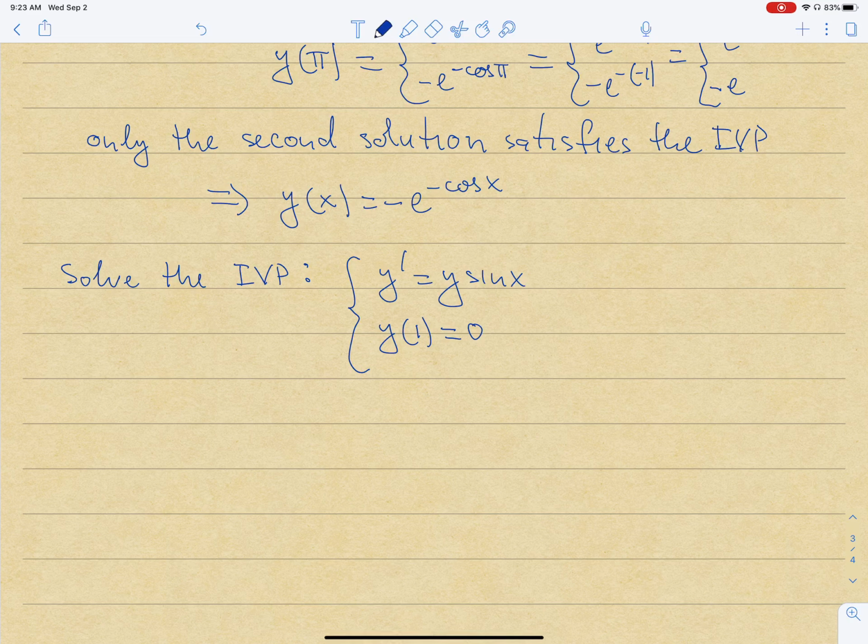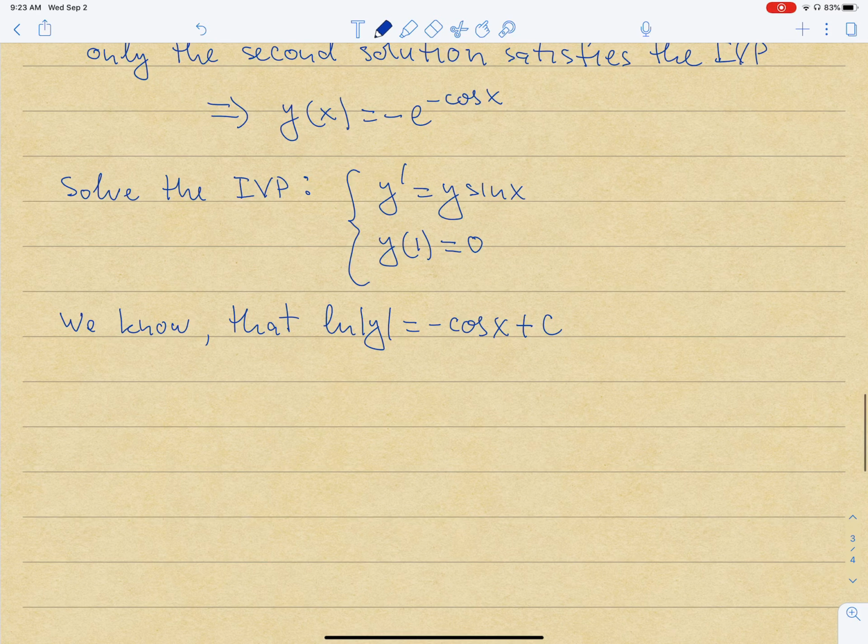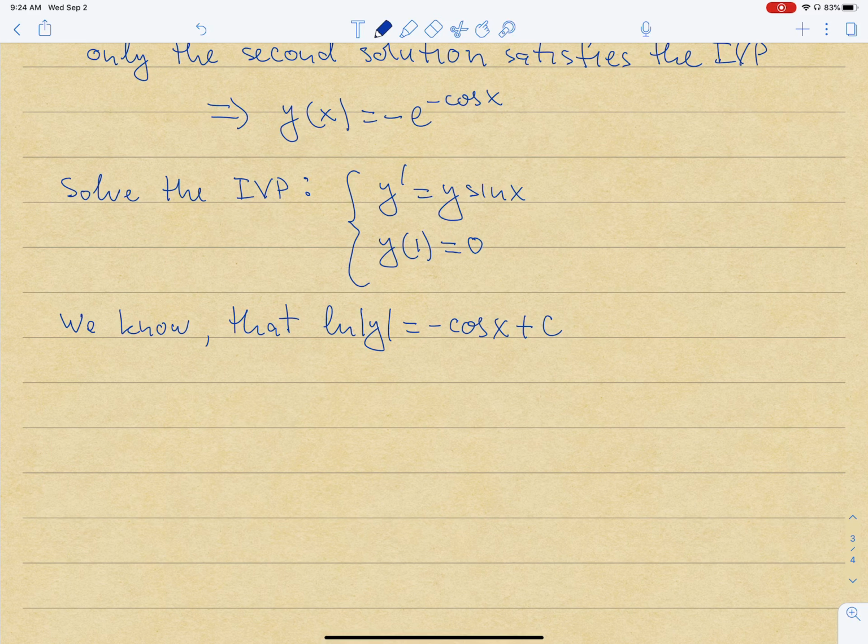Okay, so I'm going to look back again at the one parameter family of solutions. So we know that log of absolute value of y is equal to minus cosine of x plus c. So then I'm going to substitute into this the initial condition.